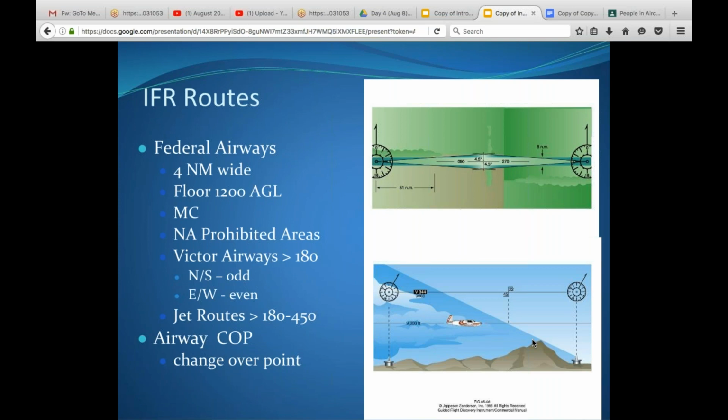So a lot of times air traffic control will come over the radio, even if you're in a smaller aircraft, not necessarily in larger airlines, because you can see that slant range is a lot greater at higher altitudes. But sometimes air traffic control will say, hey, you need to change over your VOR if you're having flight following at that lower altitude.